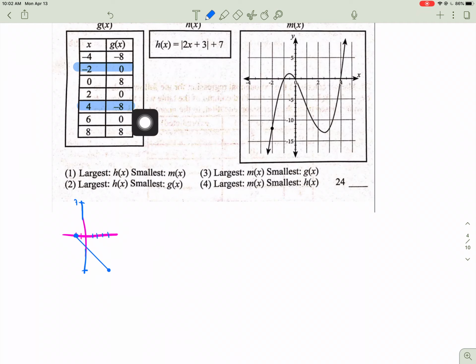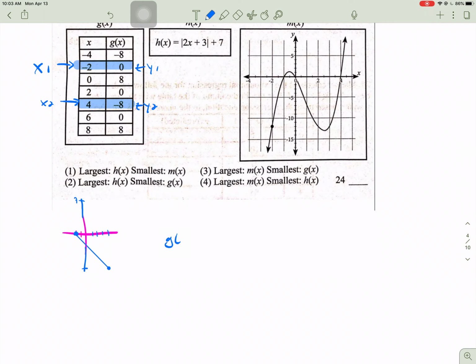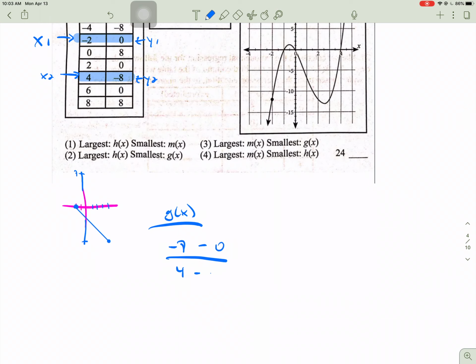So what has happened to y? Well, you could name this x1, y1, x2, y2, and do the formula y2 minus y1 over x2 minus x1. So for g of x, we get -8 over 4 minus -2, which is 4 plus 2, which is 6.